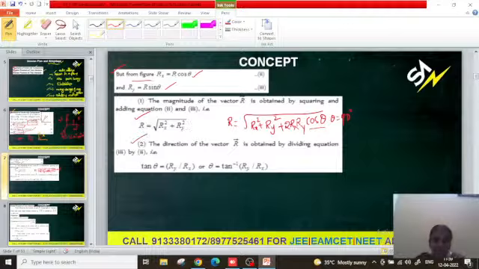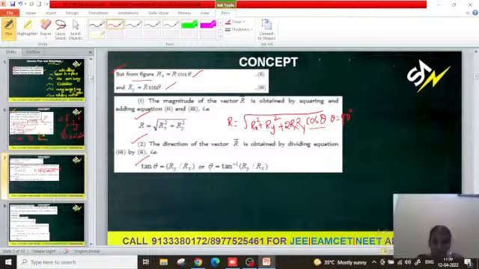And next, if they ask the direction of the vector R bar, it can be obtained by dividing the above equations. Or you can follow how to find the direction of a vector by using the parallelogram of vector addition. So there we consider tan theta, which will be equal to y component by x component.